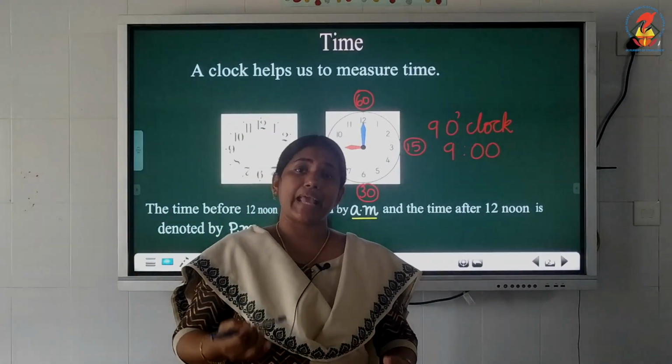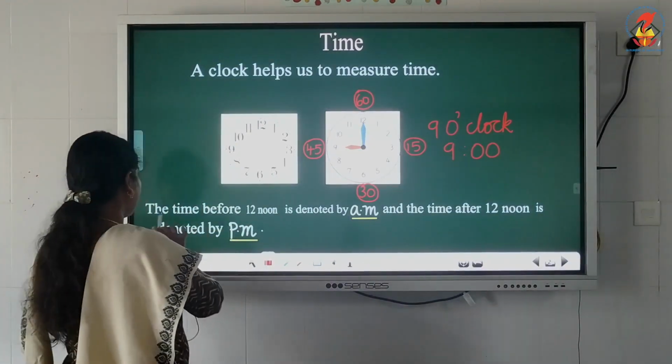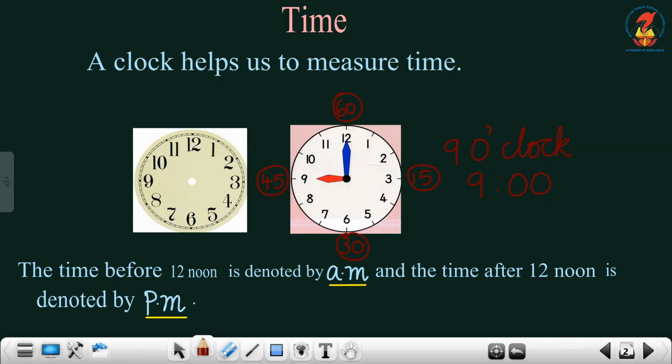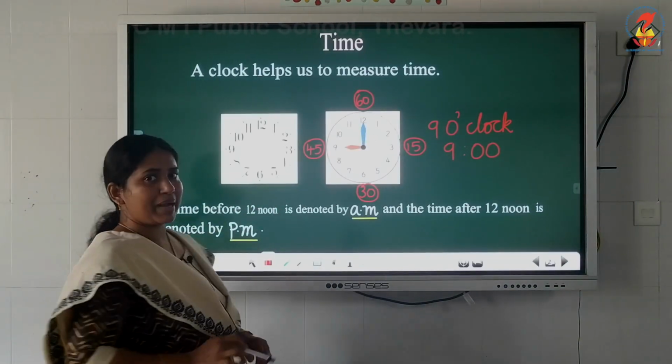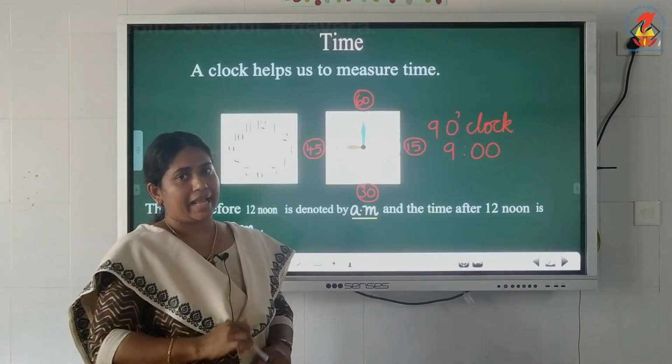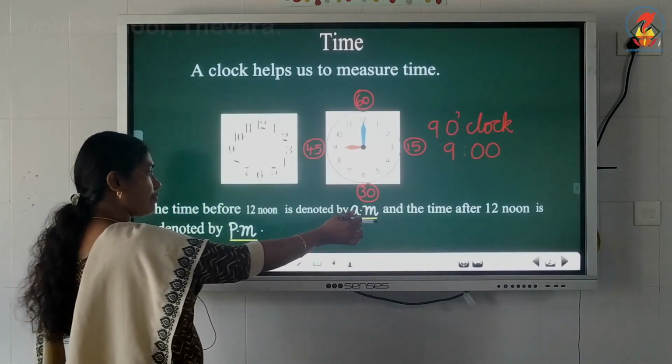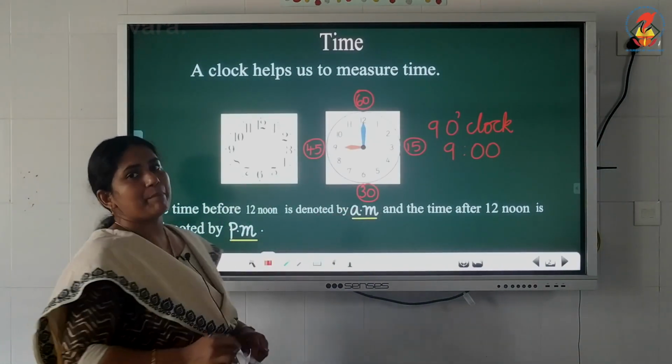When we are writing this AM and PM children, look here, the time before 12 noon is denoted by AM, and the time after 12 noon is denoted by PM. So while reading these messages, you know how we write AM and PM. Before noon we will write AM, and if it is the time after 12 noon, it is written as PM.